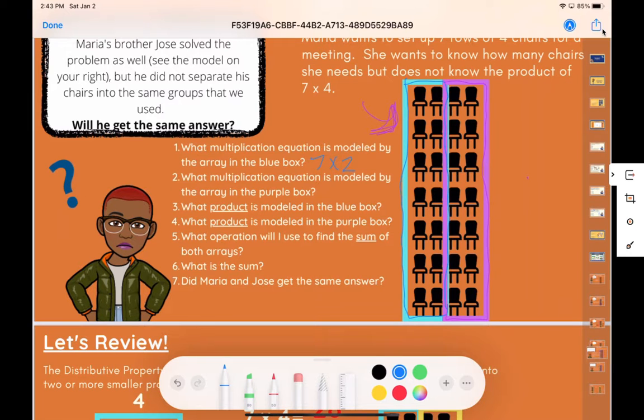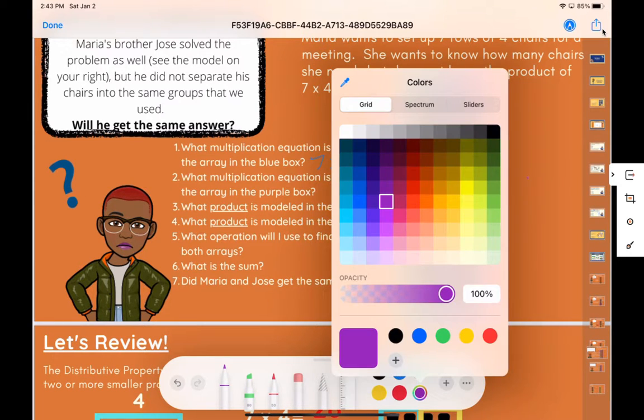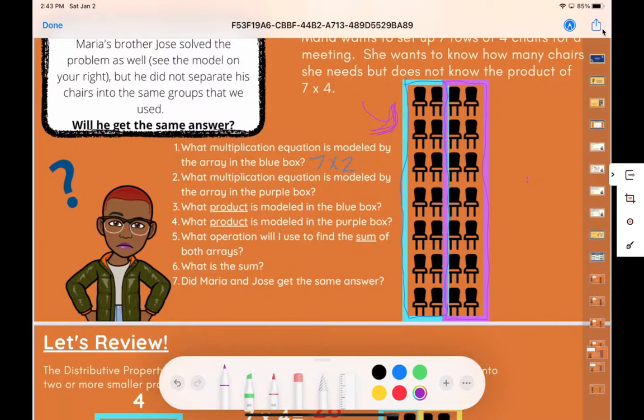My next question is, what multiplication equation is modeled by the array in the purple box? Did you say that it's also 7 times 2? If you did, you're absolutely correct. Interesting.